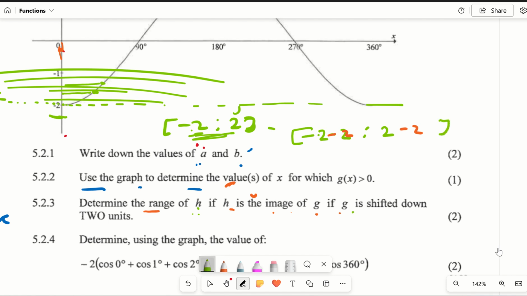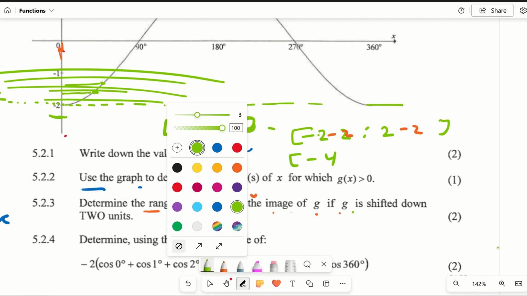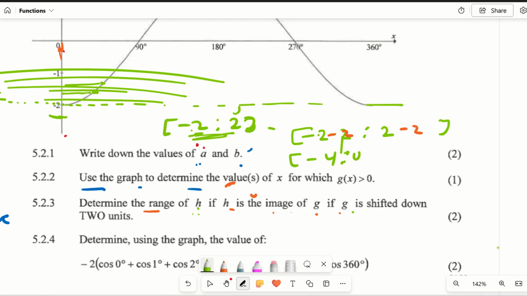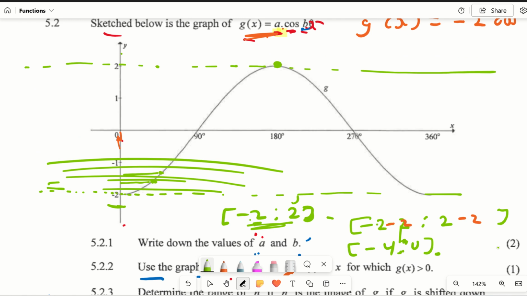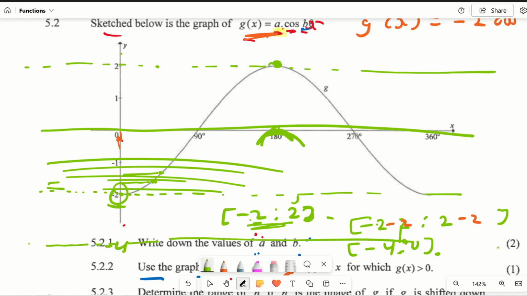So your new range would be -4 to 0. The maximum point is shifted 2 units down, so it's at 0, and the minimum point is shifted 2 units down, so it's at -4. So you see how the range goes from -4 to 0. Are we together?